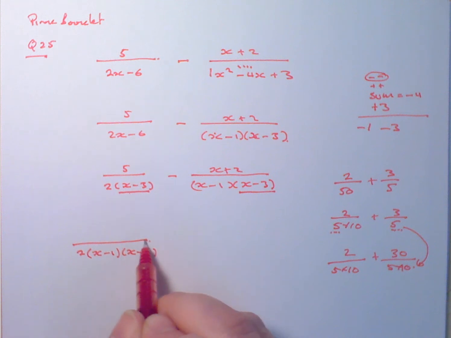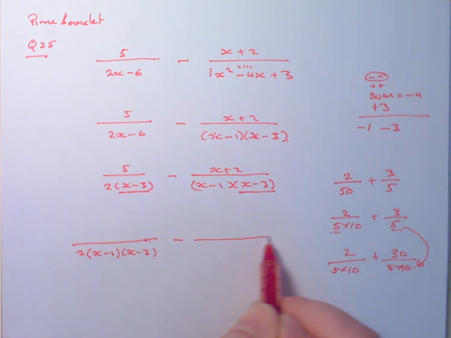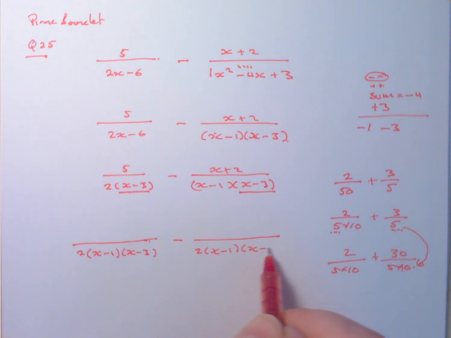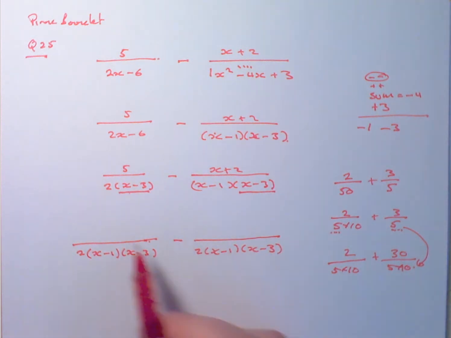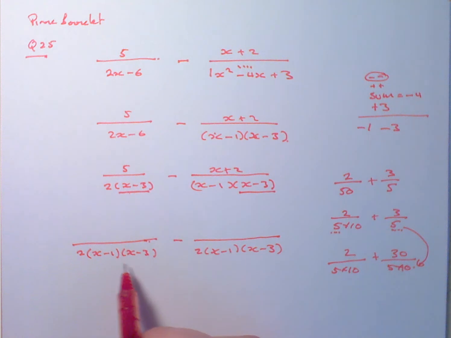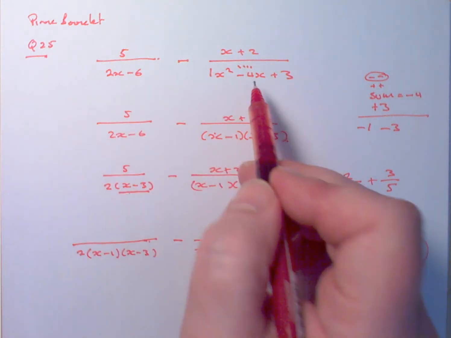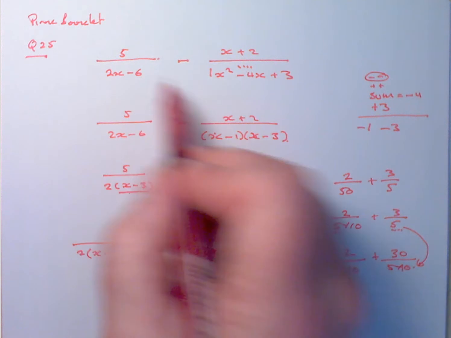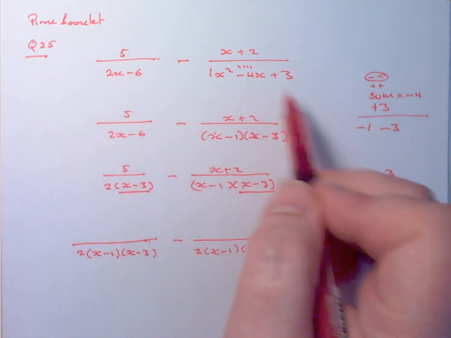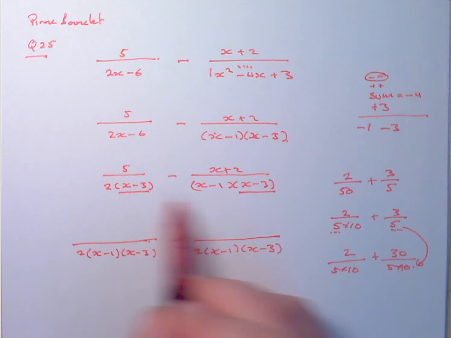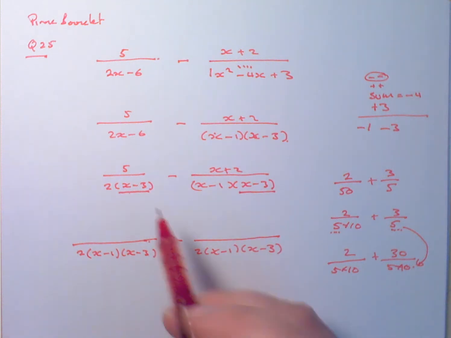We'll do the same on this side, 2, x minus 1, x minus 3. That means my denominator is not as big as if I just multiplied these two things together. It makes things a lot easier. You wouldn't necessarily get it wrong if you just multiplied these two things together, as long as you factorize correctly, but it's a lot easier if you do it like this.